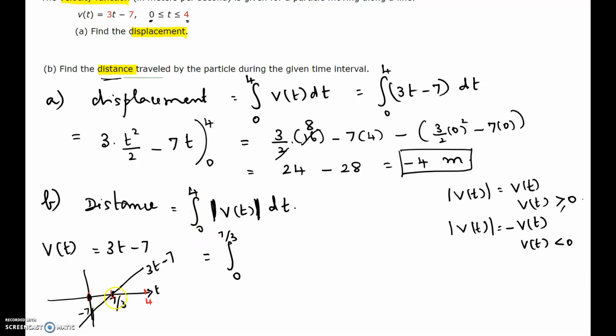In the part 0 to 7 over 3, the graph is below the t-axis, or v of t is negative. As the graph is negative in this part, we are going to take that to be 7 minus 3t. We are going to switch the sign. Then between 7 over 3 and 4, the graph is positive, so we are going to keep the function as is.